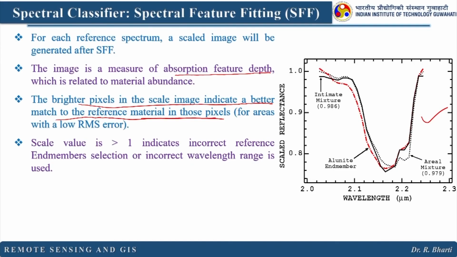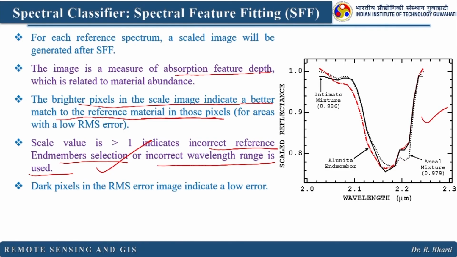When the scale value is greater than 1, it indicates incorrect reference end member selection or an incorrect wavelength range is used. So if you are getting a value above 1, that means you cannot have more than a 1-to-1 match, or more than 100%. That means something is wrong, so you need to modify your end members and then run this method again.